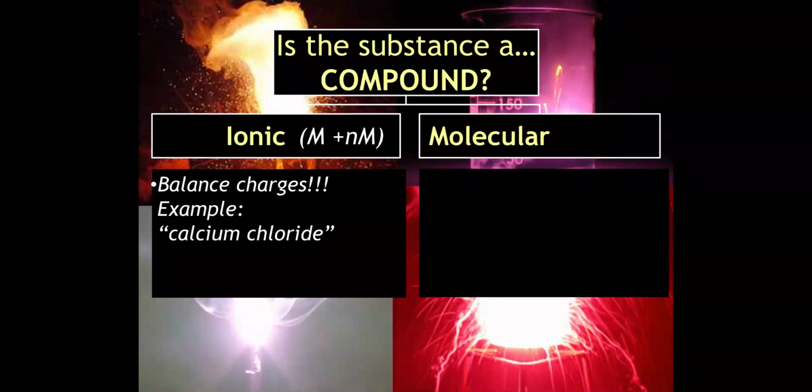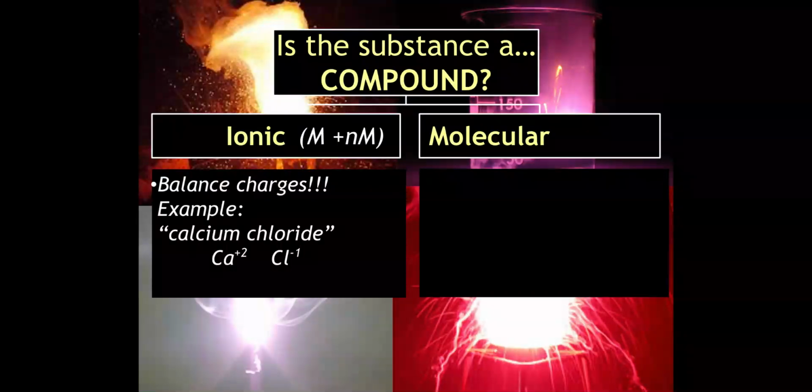Then I would look on my periodic table and I would see calcium is a metal and chlorine is a nonmetal. So I know this thing is ionic. If it's ionic, then I need to balance the charges. Calcium is in group 2, so calcium has a plus 2 charge. Chlorine is in group 17, and anything in group 17 has a minus 1 charge.